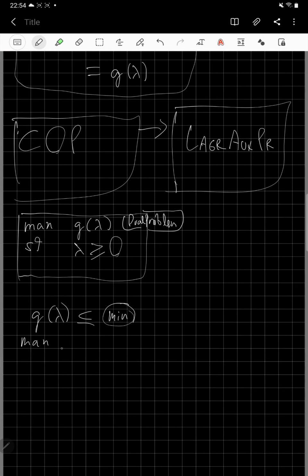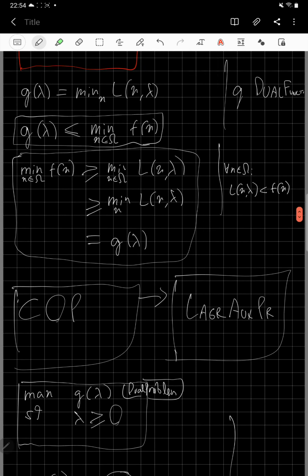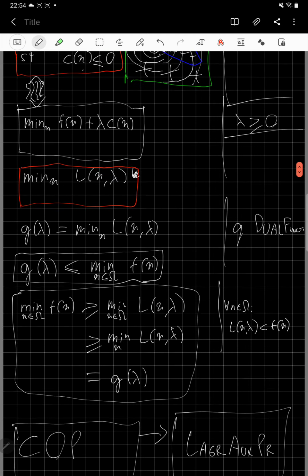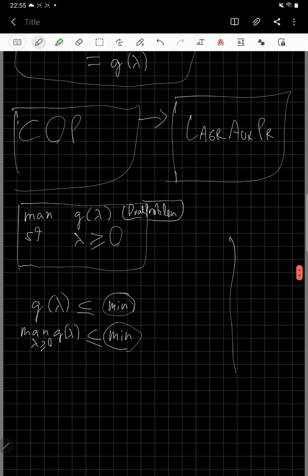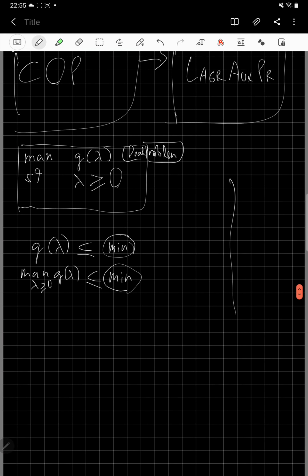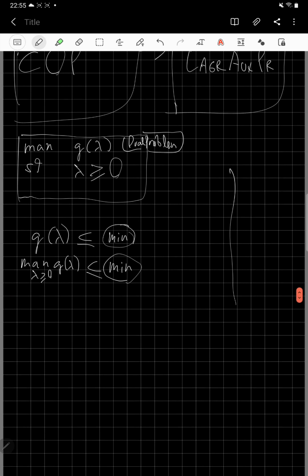So the maximum of g of lambda is obviously going to be also smaller than the minimum, but hopefully not so small. Lambda is greater than 0 because we have always assumed that lambda was greater than 0, otherwise it doesn't work. The penalty has to make the function better, it can't make it worse, otherwise none of this works.